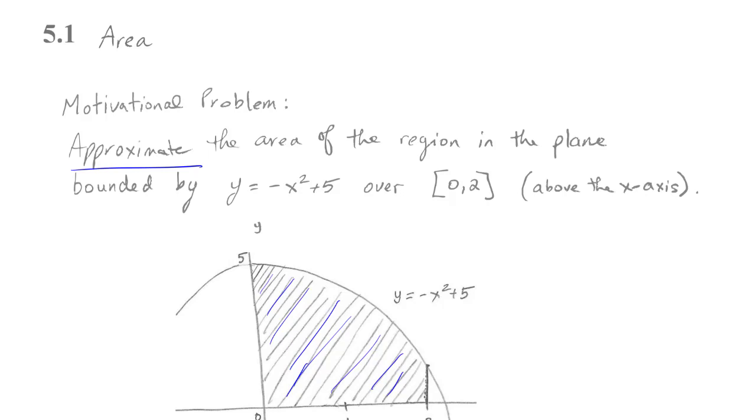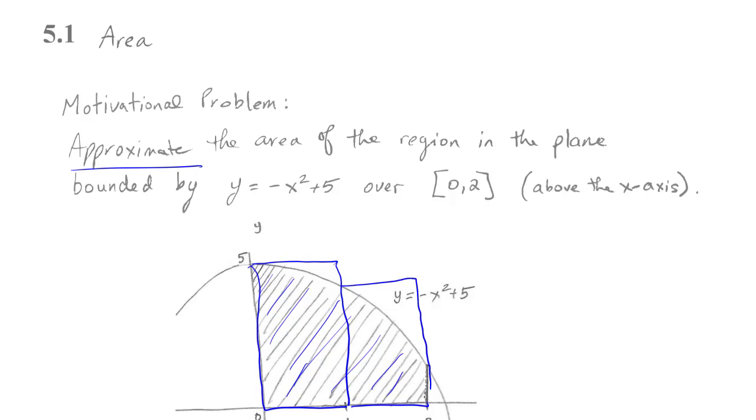If we put a rectangle here and here, and then another rectangle here and here, filling out the whole region, and looked at the areas of those two rectangles, that would give me an approximation for what that area is. It's certainly not going to be exact, but it'd give me a ballpark estimate.